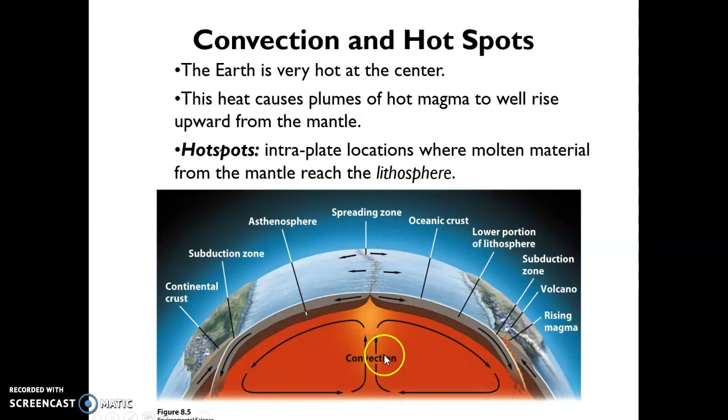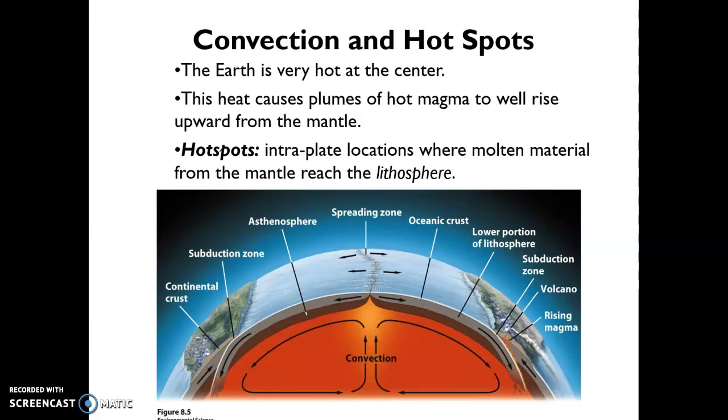So the molten rock here is not just sitting there in one place. As it goes from the center of the earth where it's warmer and comes toward the surface of the earth where it's cooler, hot rock rises just like hot air rises. And then that displaces the other rock, and you get movement in these cells. These are convection cells or convection currents.